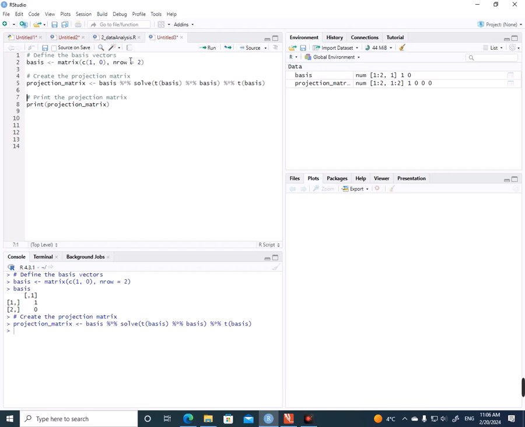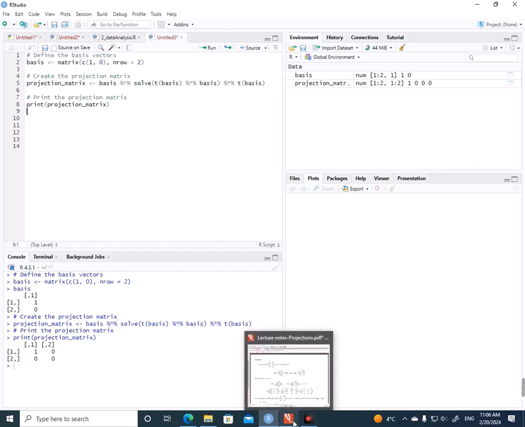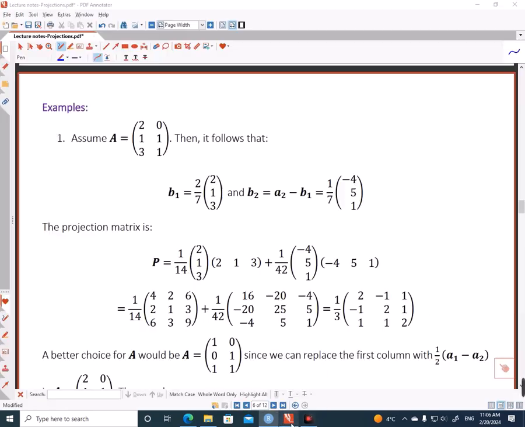So this is the projection, and the projection matrix is given by this formula. I quickly pass this code because writing the code in R is pretty simple. And in what follows, I discuss some numerical examples to see how we can find the projection matrices based on given matrices, and then we go to the sum of squares.